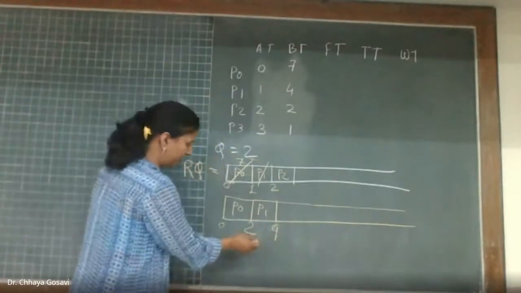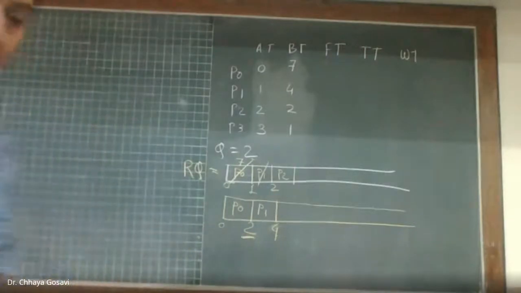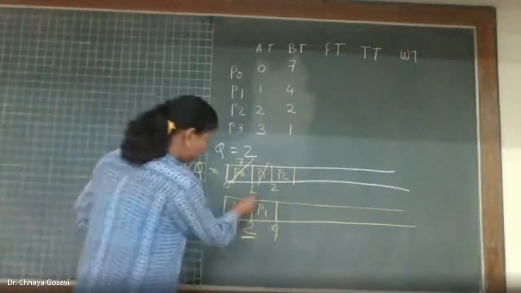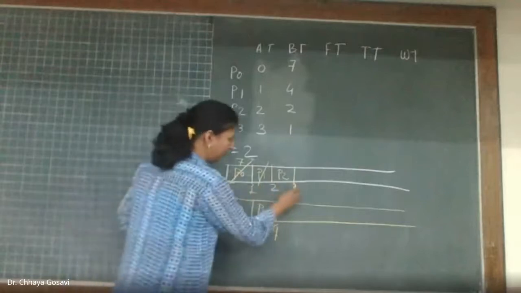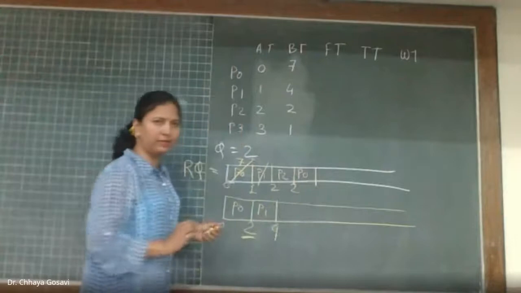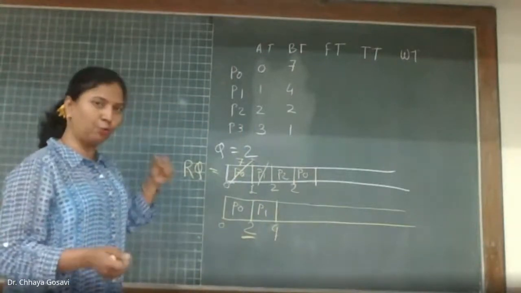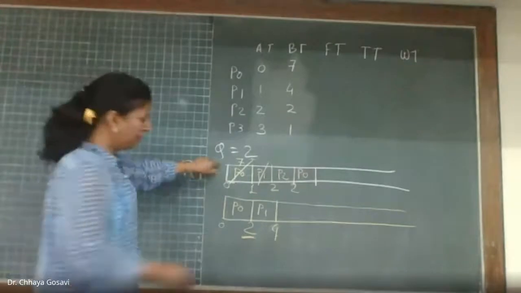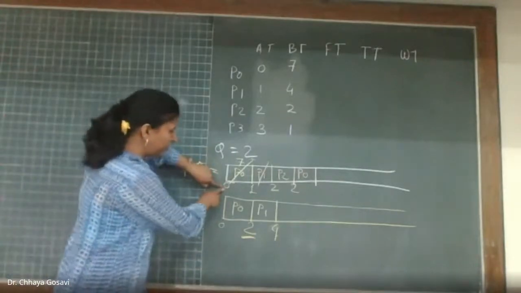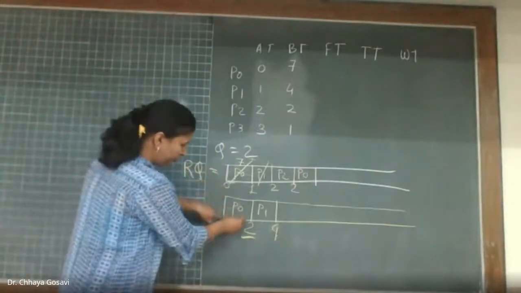And note that at 2, this is a very important step, P0 is preempted and added back to the ready queue. That was not there in the round robin algorithm without arrival time. Initially at the 0th instance only P0 was ready for execution, so that was scheduled to the CPU.